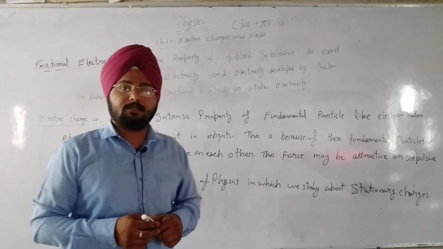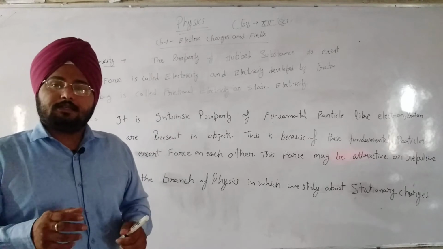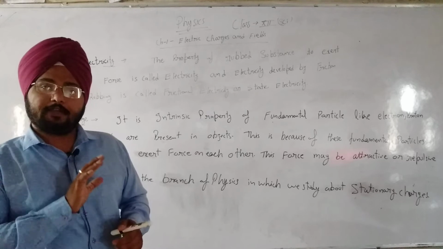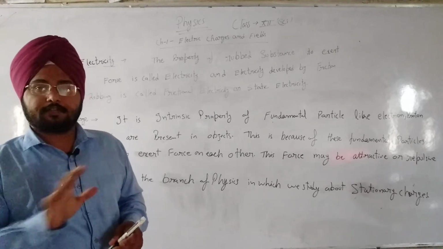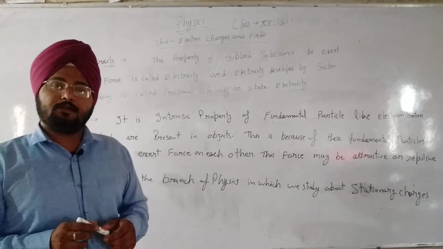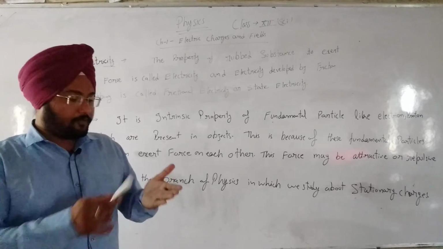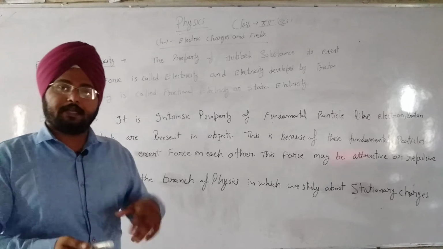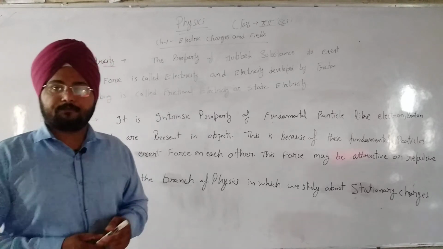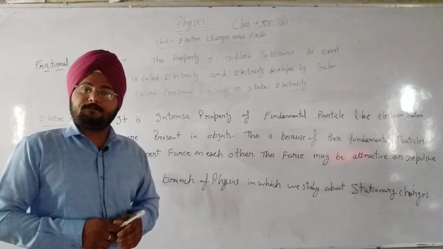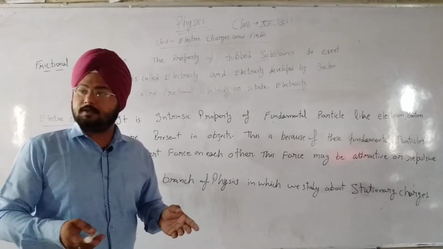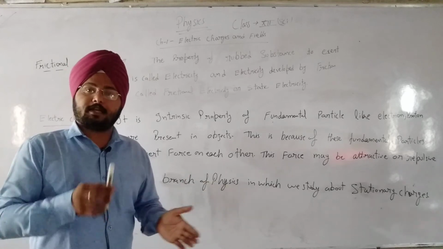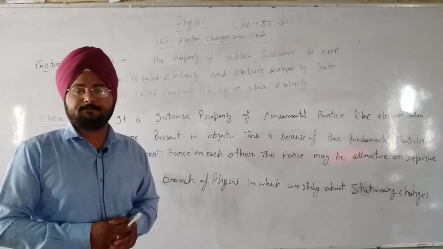It is also possible, but the transfer of charge is a must. Now, if we rub the glass with the silk, the glass will become positive and the silk will become negative. So, as we know, unlike charges attract each other, so the glass will start attracting the silk cloth.